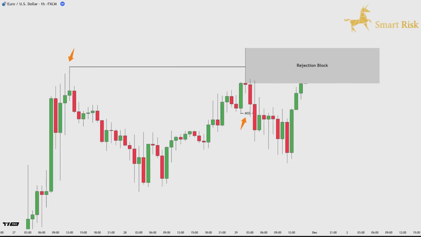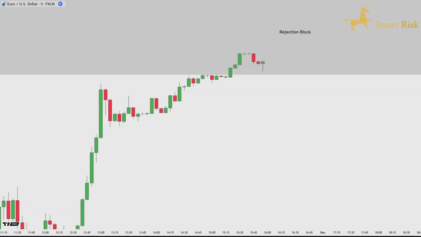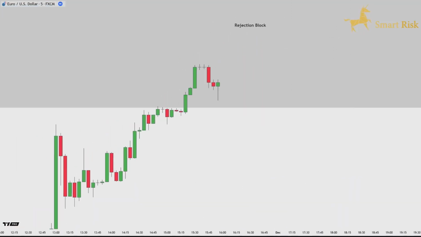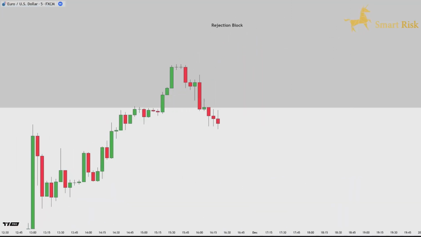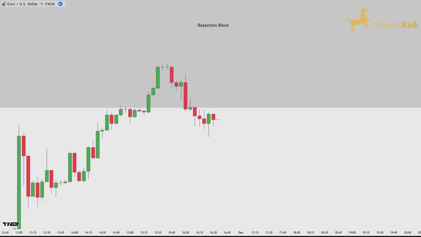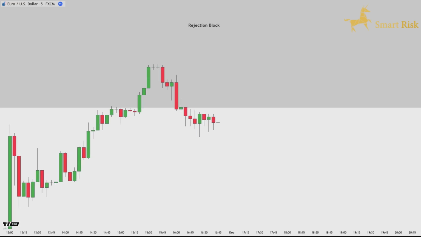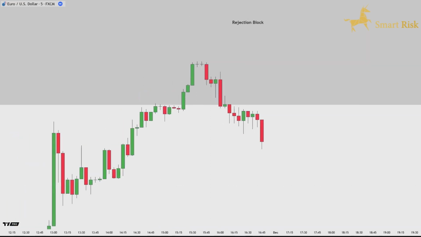As the current price enters into the hourly rejection block, I'm going to zoom into the 5-minute time frame. Here we can see that after tapping into the higher time frame rejection block, the price reversed and formed a market structure shift.